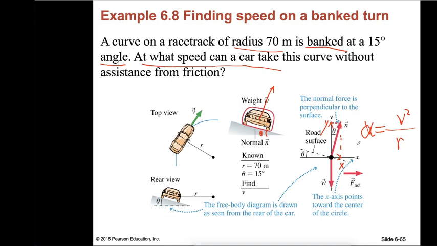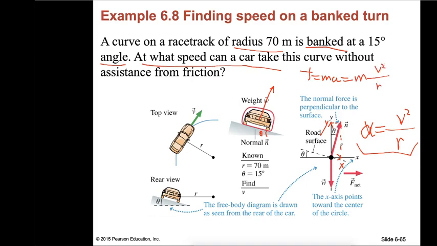This is the centripetal acceleration, and the centripetal force F equals ma, or m times v squared over r.